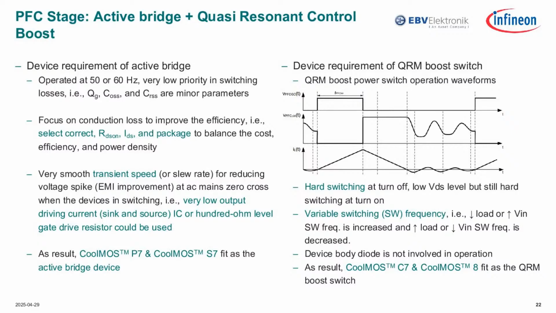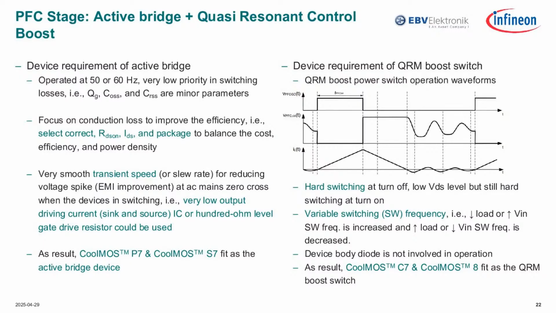Switching performance is not so important. So we are interested in the RDS(on), with certain optimization in terms of power density: select the correct RDS(on) with the IDS and also the package. Think about the thermal conduction losses. That is a critical criterion for this active bridge device.